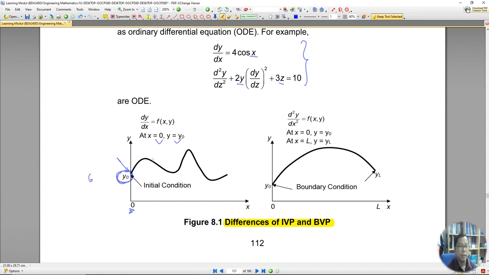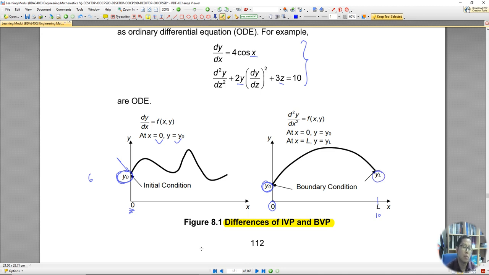And for BVP, boundary value problem, we know all these things. We know at x equal to 0, y equal to 1, meaning that we know the value of y when x equal to 0, and when x equal to L, let's say 10, then we know the value of y at that L location.